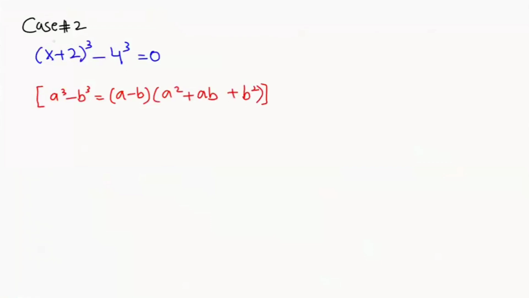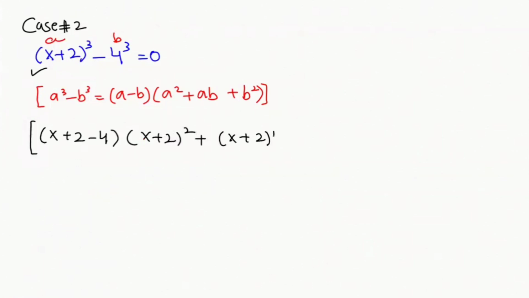Here this is our a and b value. So this equation turns to (x plus 2 minus 4)((x plus 2) to the power of 2 plus (x plus 2) times 4 plus 4 to the power of 2).